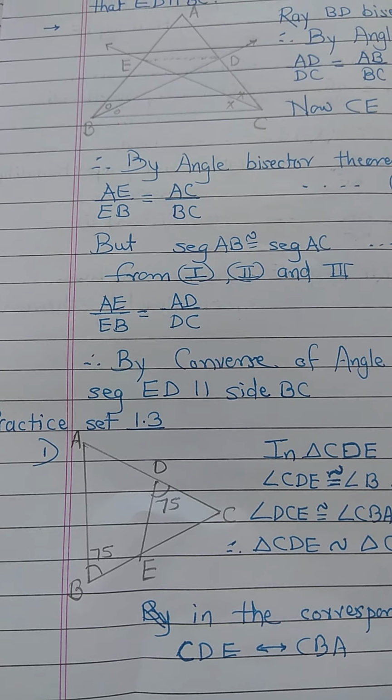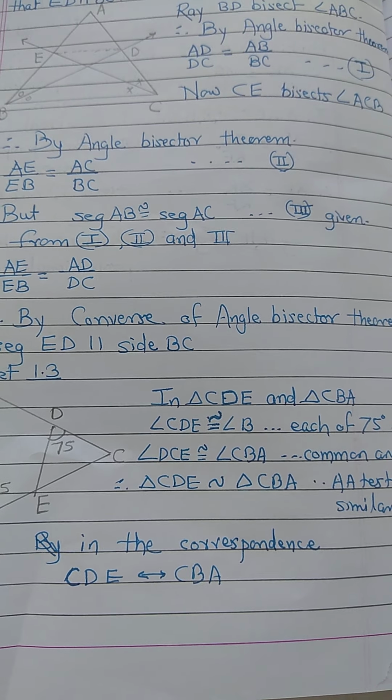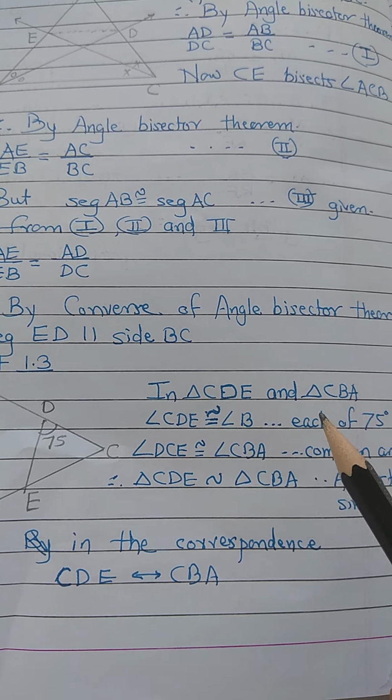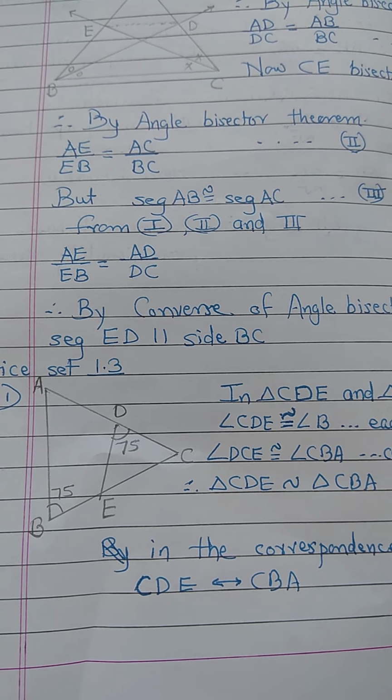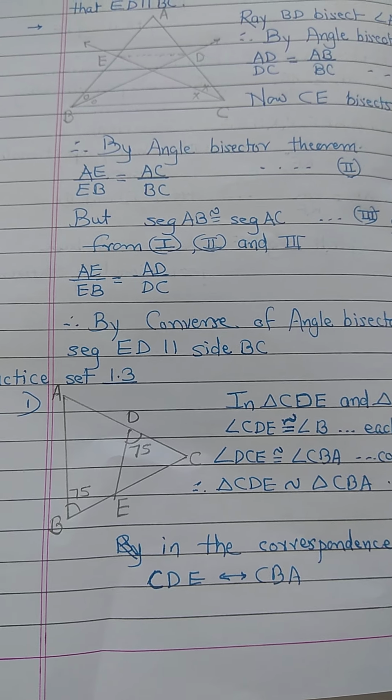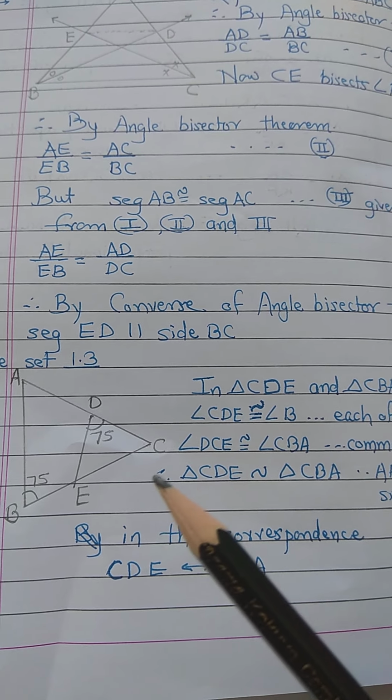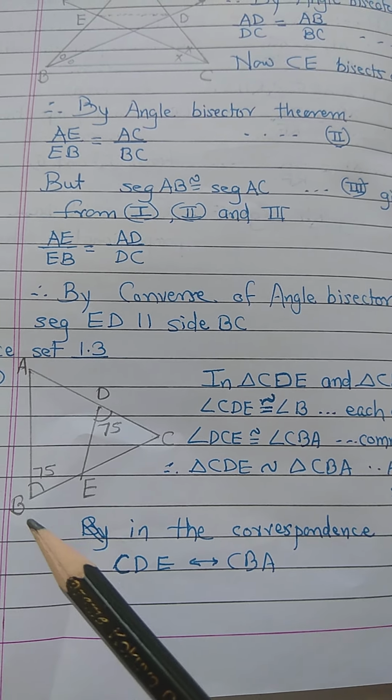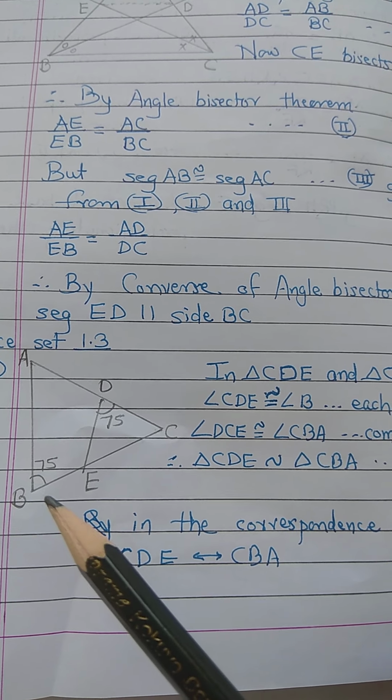Now practice set 1.3. In triangle CDE and triangle CBA, we want to show that these triangles are similar. Given information, angle CDE and angle B are of 75 degrees.